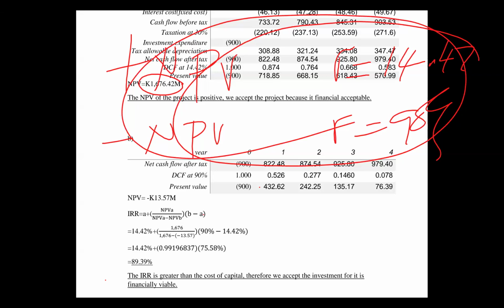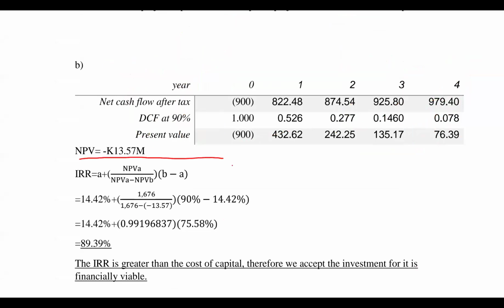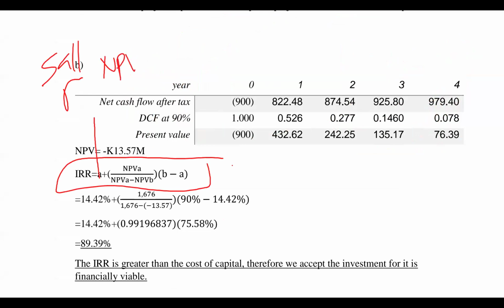How do you use them? Here is a formula that you should not memorize, but you must understand. How do you use this formula? What is A? This A is the small rate which gives a positive NPV, which was 14% in our case.